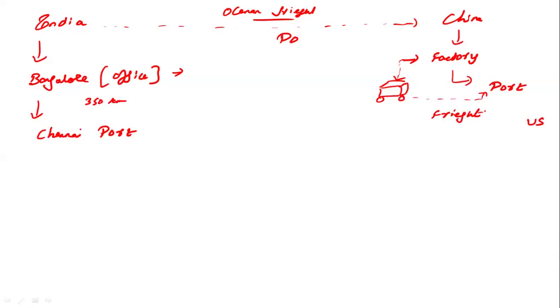And when you're shipping the material from one country to another country, insurance is compulsory. So you could have an insurance here after it reaches the China port. After we get this material to the port and insurance is done, we load the material into the ship. So loading comes into the picture.